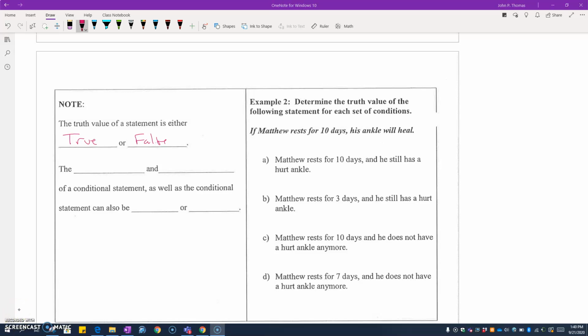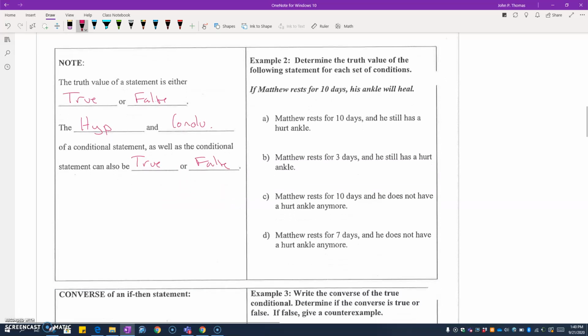All right, and we can also say that the hypothesis and the conclusion of a conditional statement, as well as the conditional statement, can also be true or false. All right, and this is where in a logic class you'd move into truth tables. And the important thing to remember is there's really only one way that a conditional statement can be false, and that is if the hypothesis is true, all right, and it implies that the conclusion is false.